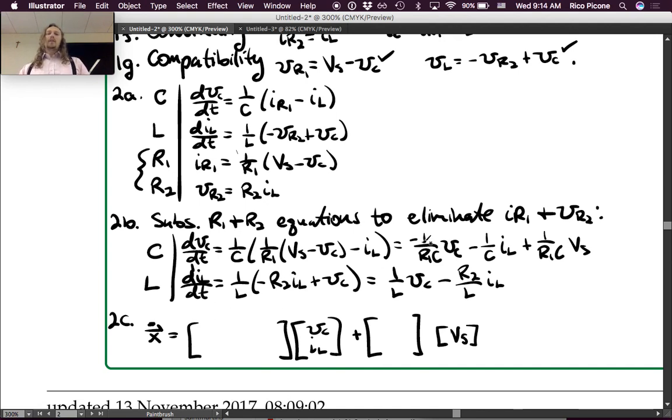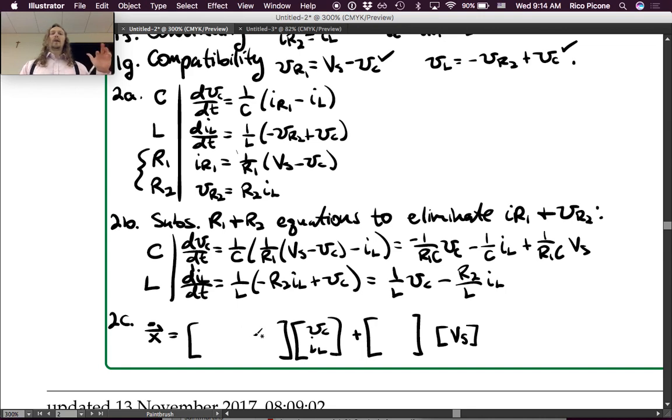So the first blank is VC, okay? If you read off the top equation here, it says dVC dt, which is the first value in x dot, equals the coefficient of VC, the coefficient of IL, because that's what the first equation will come out to be.